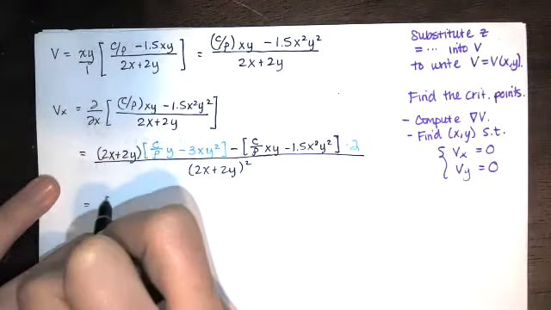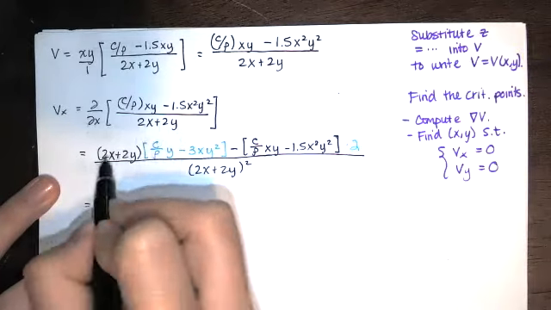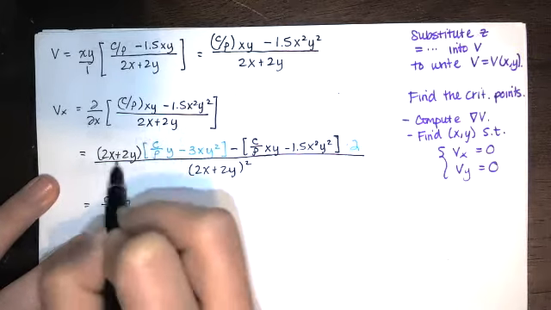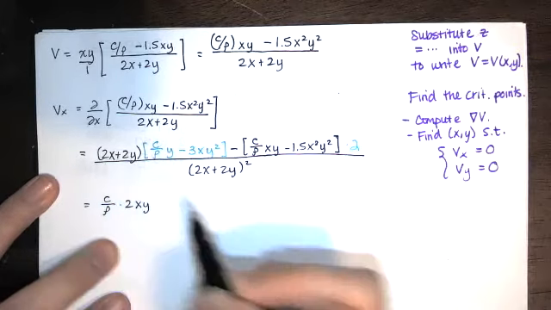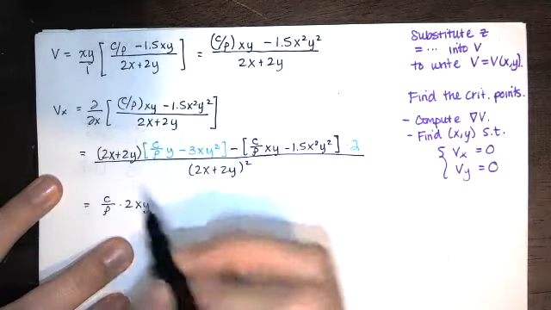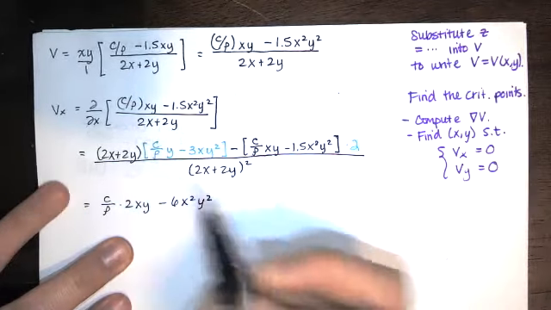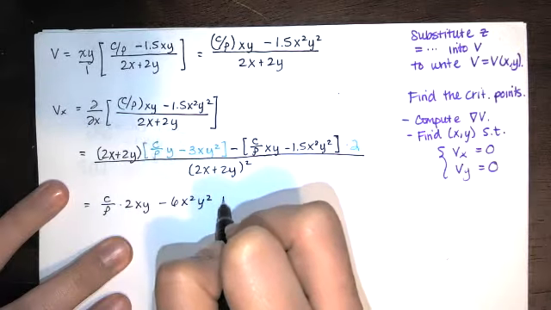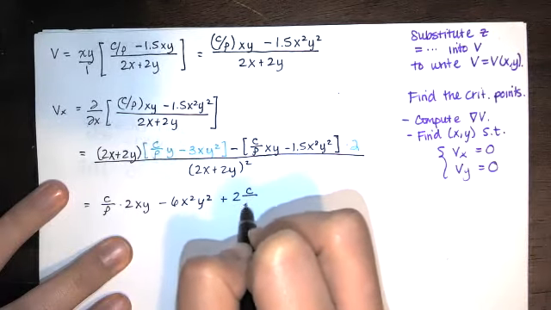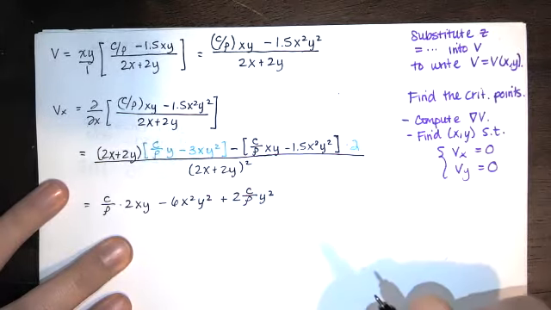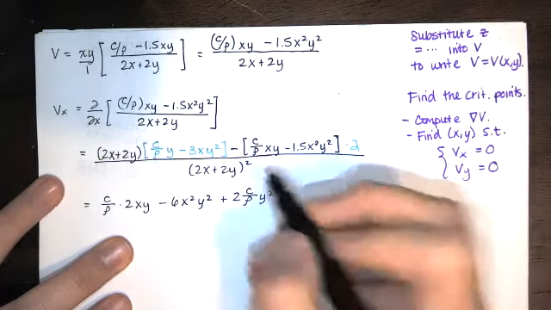So let's distribute. I have this c over rho times 2 times x times y. First times first, outer times outer, is minus 6x squared y squared. Inner times inner is plus 2c over rho times y squared. And then here I'll distribute the negative 2.